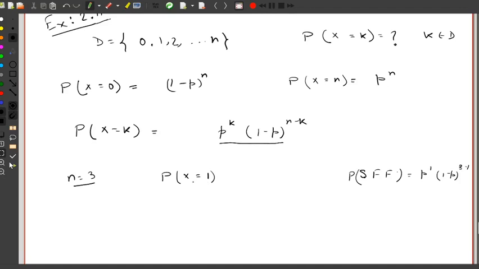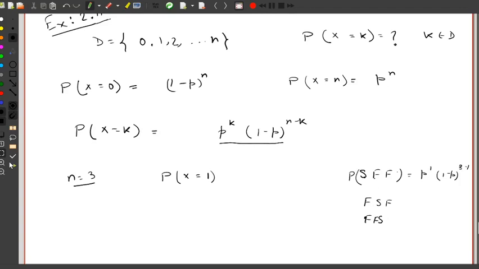Now note that x equals 1 can occur for all three arrangements: success, failure, failure; failure, success, failure; failure, failure, success.